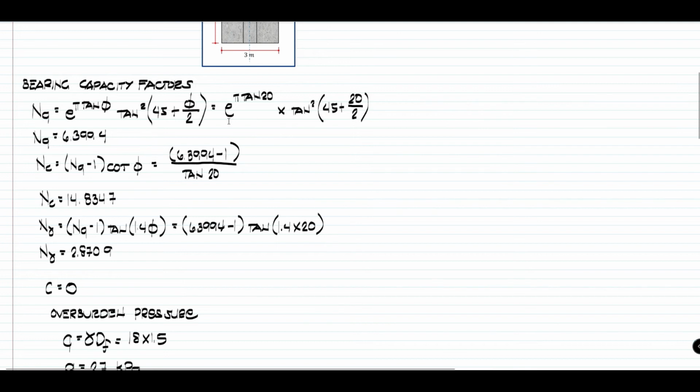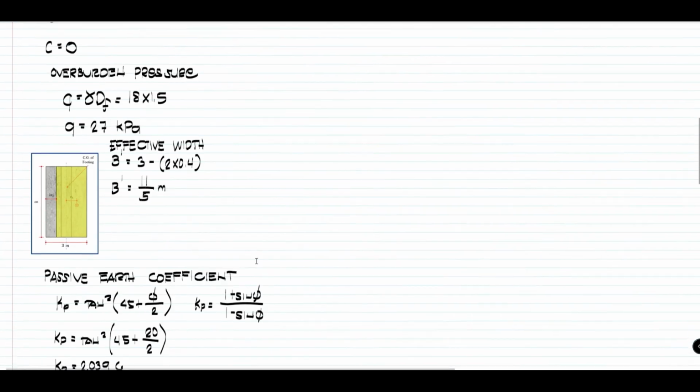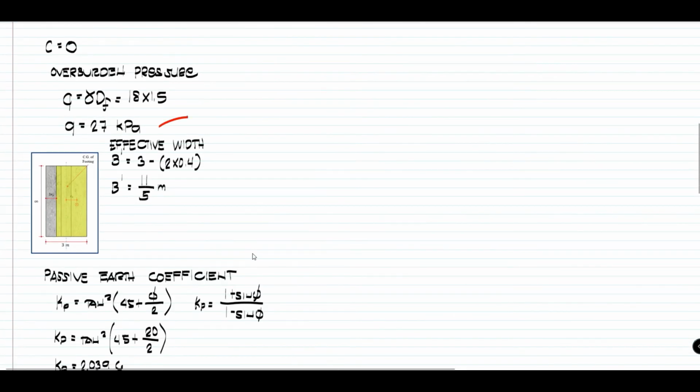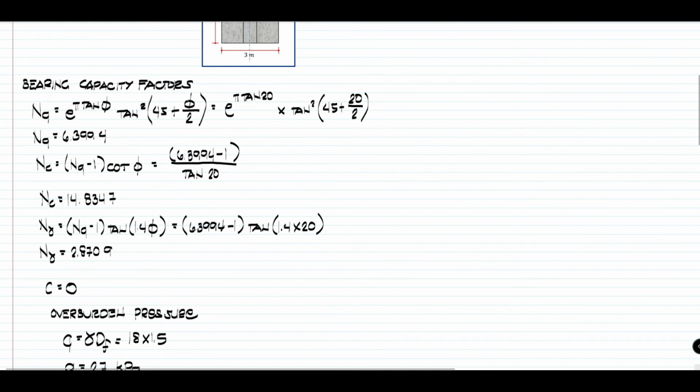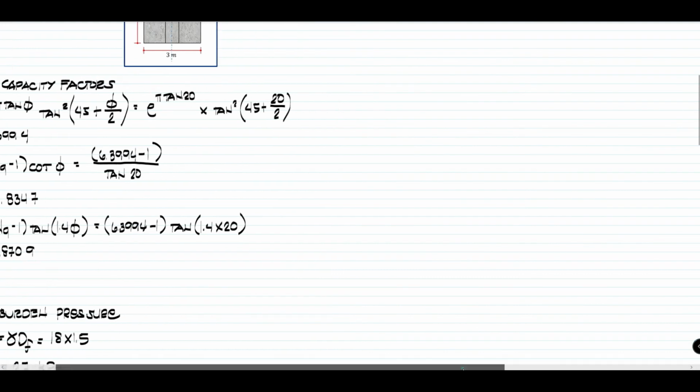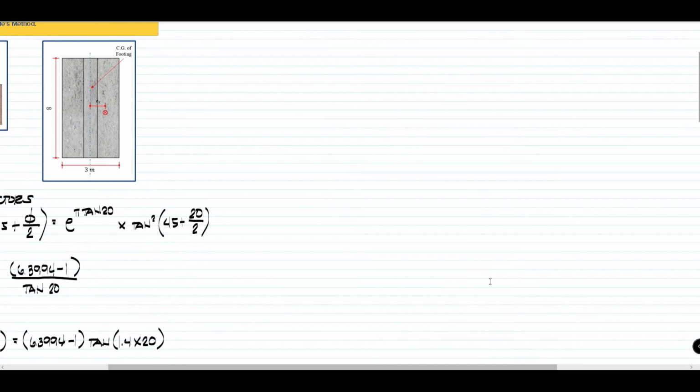So, we don't need to recalculate the bearing capacity factor. Pares lang din yung overburden pressure natin, which is 27 pa rin. Ang magpapalit lang will be RB, which is 11/5. Ang gagamitin na natin will be 3. So, let's try to calculate it by the Bowles method or the method 2.